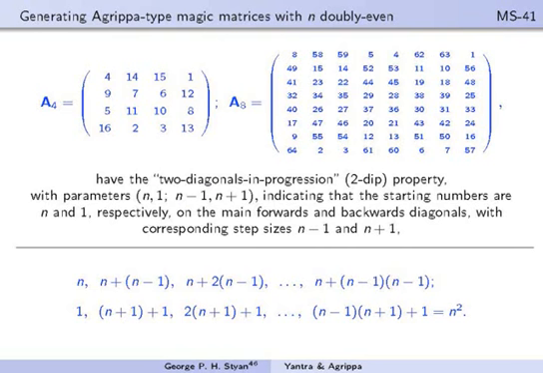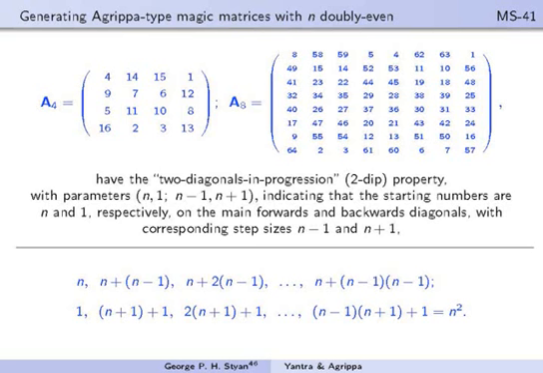Here you see the Agrippa-Cardano A4 and A8, with 4 in the top left-hand corner of A4, and 8 in the top left-hand corner of A8. Then as you progress down the main diagonal, you see that the gap size on the left is 3, and the numbers are in arithmetic progression: 4, 7, 10, 13.